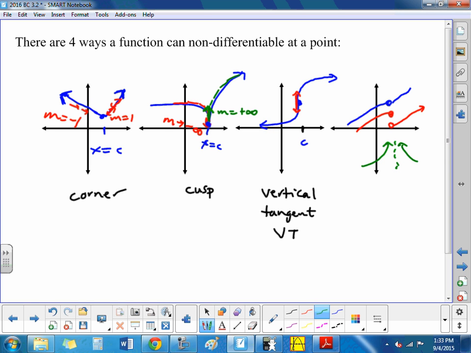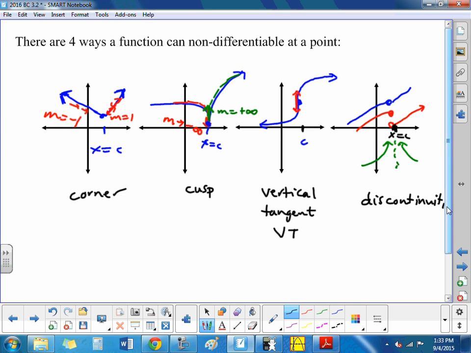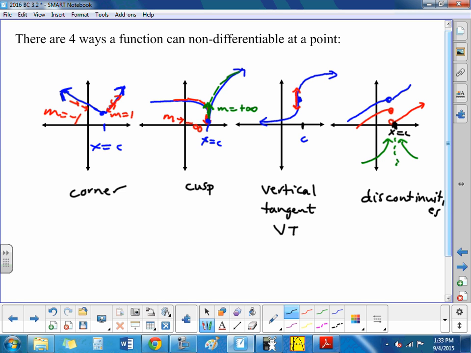So let's just call this x equals c. Right there. If the graph jumps, or there's even just a tiny hole, or there's an asymptote, then that's the fourth reason why we would say a graph is non-differentiable. So, discontinuities.